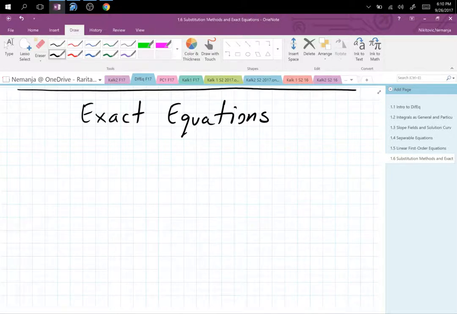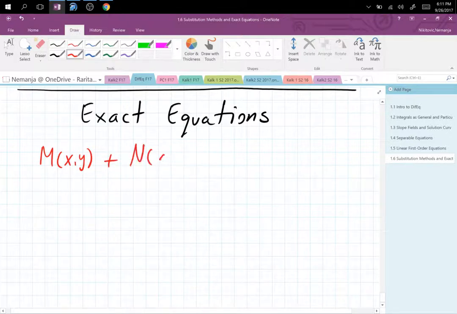The differential equation will be posed in a somewhat weird way. You will have this function M, a function of x and y, plus N of x and y times dy/dx, that's the derivative, is equal to 0.